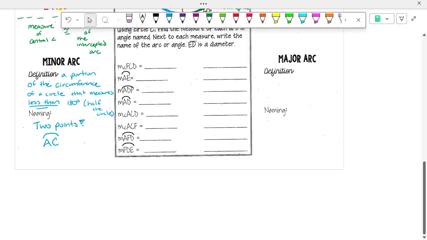The arc symbol literally looks like you're drawing a little parabola over the top of it. Math people, we like to get to the point, so a lot of our symbols basically describe what it looks like. If it looks like an arc, it's describing an arc. Another thing to note about a minor arc is that it is the shorter path between those 2 points.